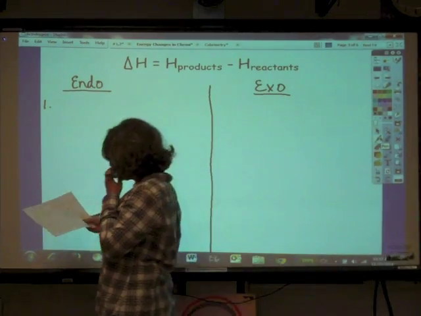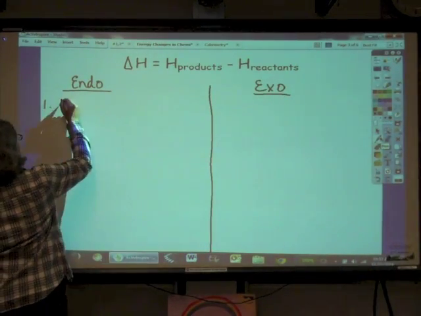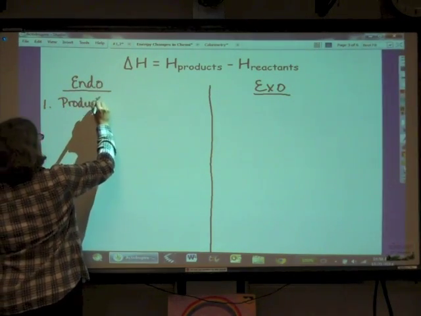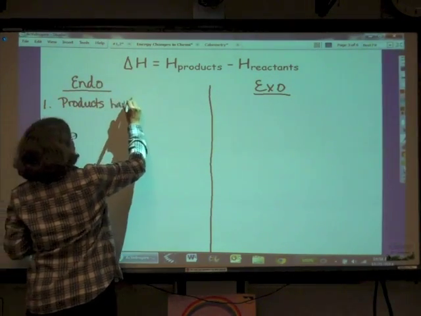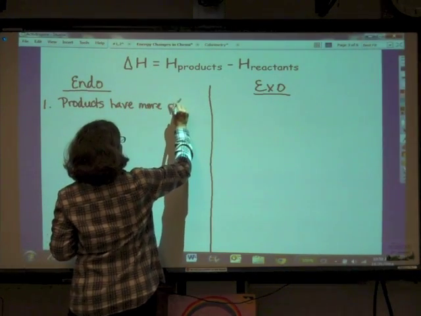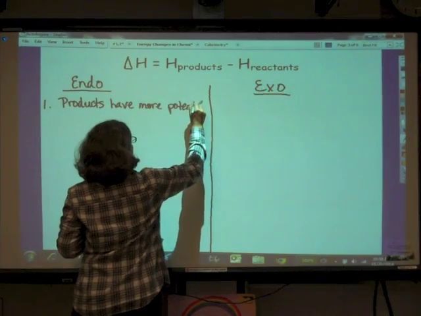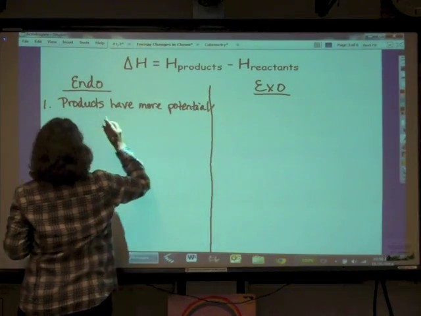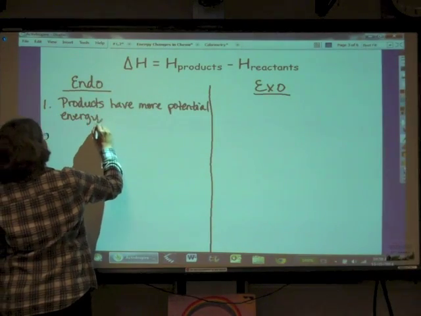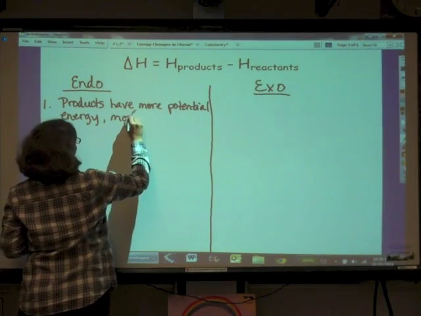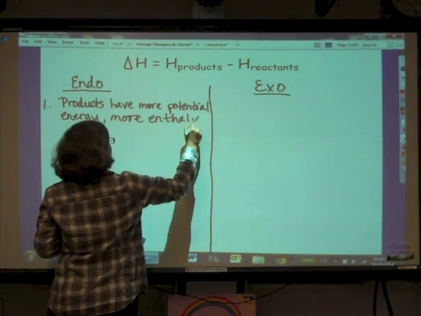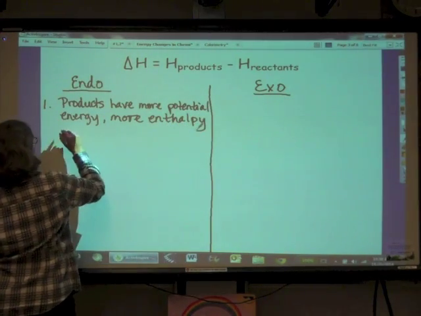So in an endothermic reaction, the products have more potential energy, more enthalpy, than the reactants.